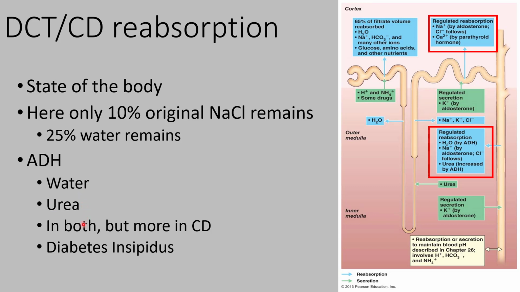And it does this in both the distal convoluted tubule and the collecting duct, but it has more effect in the collecting duct. And think back to when we were talking about the endocrine system. This is where diabetes insipidus has its effect. ADH is blocked in diabetes insipidus. So this is where that happens.